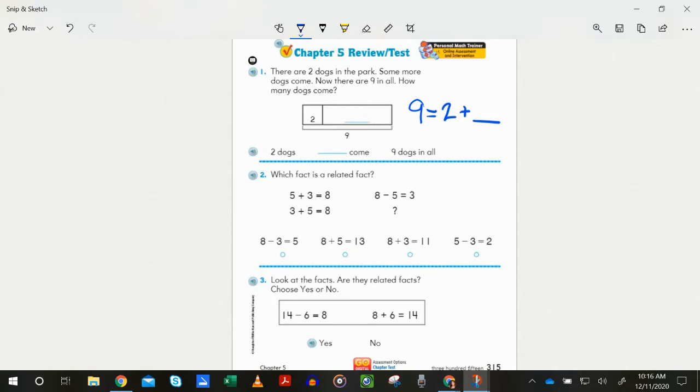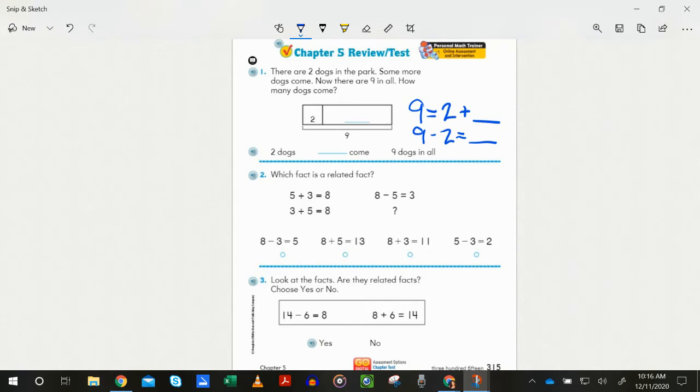Okay, so I'm thinking, how do I get from 2 up to 9? How do I make it balance on both sides? Because we know we can use related facts, I know I can also take away the part. So I can also go 9 minus 2 equals my blank.